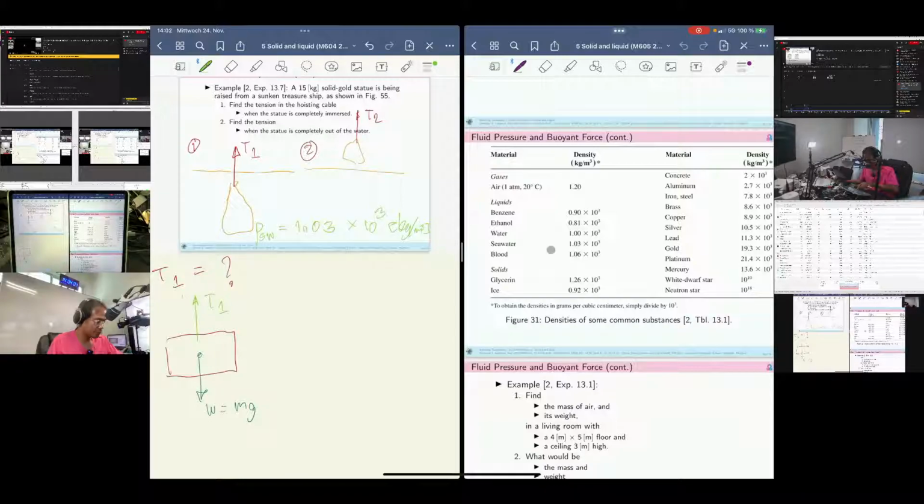And W is going to be negative, pointing in the opposite direction.